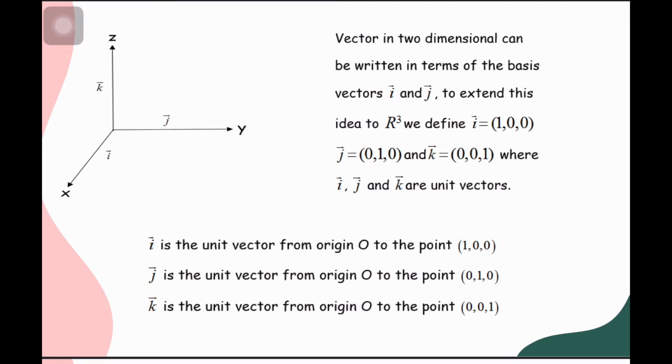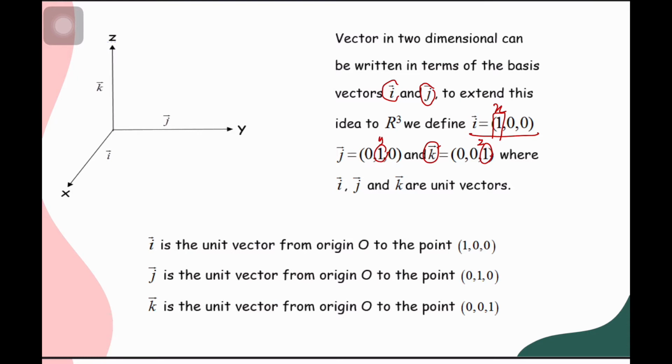If before this we saw that a vector in two-dimensional space can be written in terms of the basic vectors i and j, in three-dimensional space the idea will be extended, where we define three vectors. i is when you have the value of x, but y and z are 0, meaning i represents the vector in the direction of x. j will represent the vector in the direction of y, and k will represent the vector in the direction of z, where i, j, and k are unit vectors.